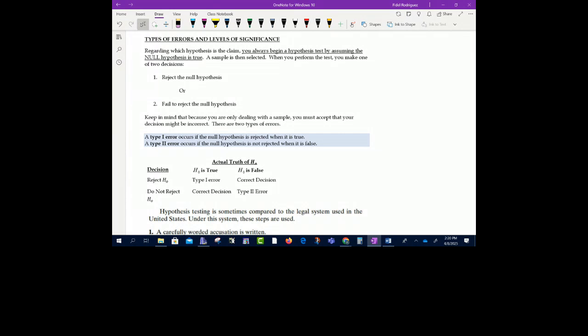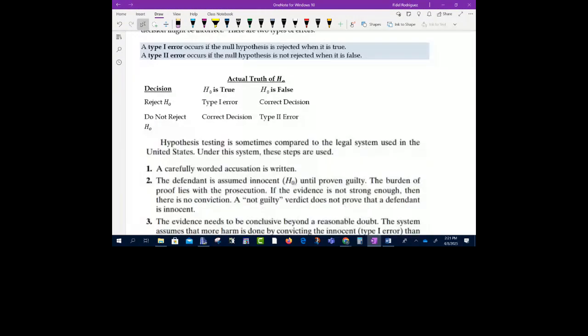We're either going to reject the null hypothesis or we're going to fail to reject the null hypothesis. Okay, and it says, keep in mind, because we're only dealing with one sample, that one decision might be incorrect. And there's 2 types of errors here, okay? So look, y'all, it says a type 1 error occurs if the null hypothesis is rejected when it's true, and a type 2 error occurs if the null hypothesis is not rejected when it's false.